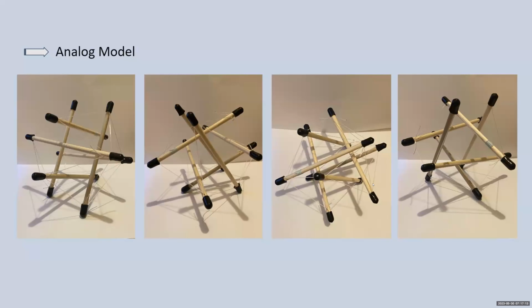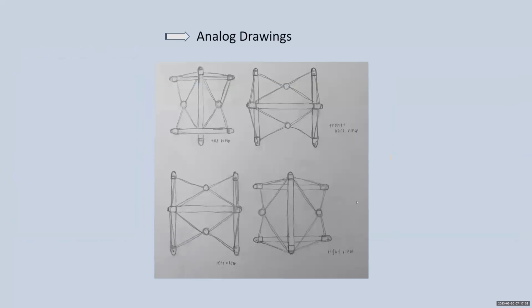Okay, analog model. This is what I made for the tensegrity structure. And we used wooden dowels, rubber caps, and an elastic string. So you only need 3 parts. These are my drawings.